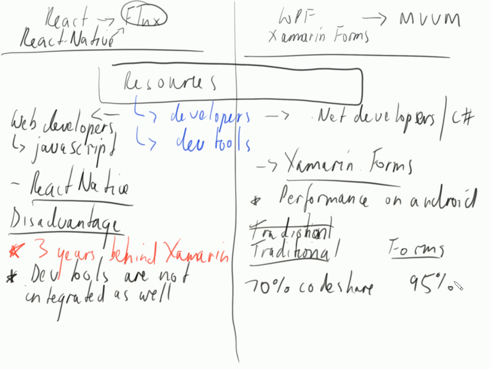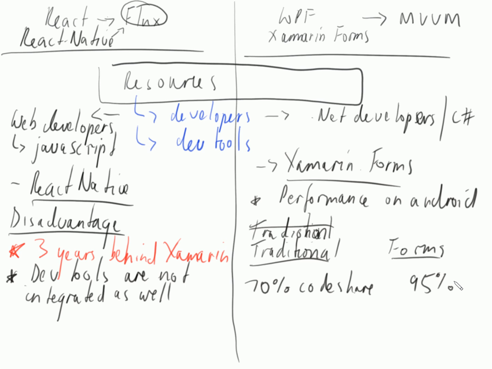So this is just some key topics to understand with the differences and the disadvantages between the two. But Xamarin Forms is improving every single day, and I've been using it ever since it was released, and I can tell you now that these performance issues are really getting wiped away.